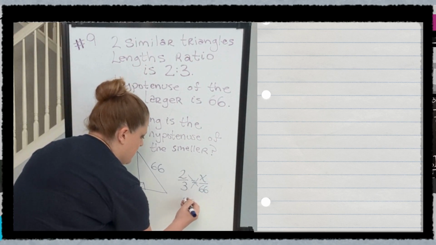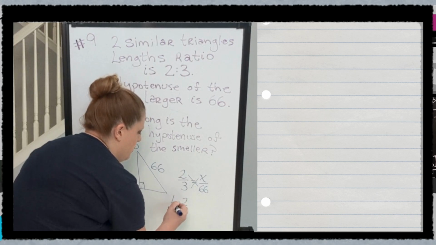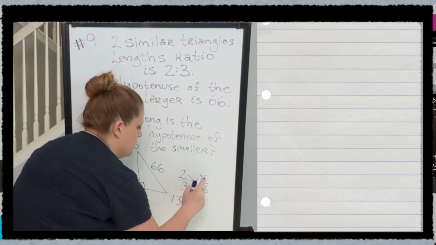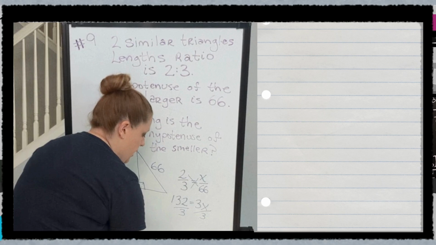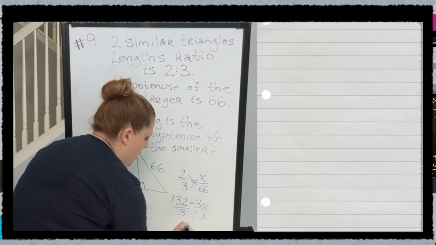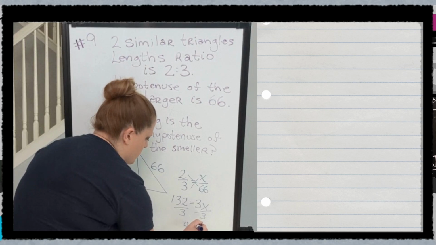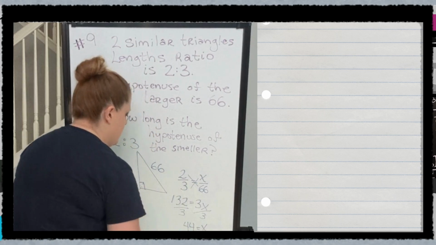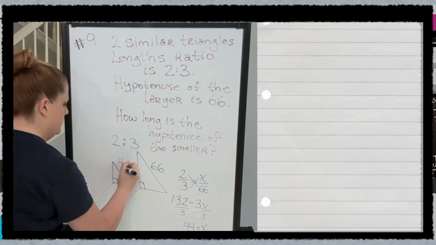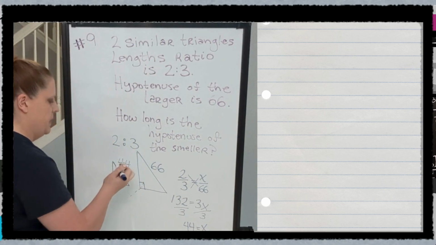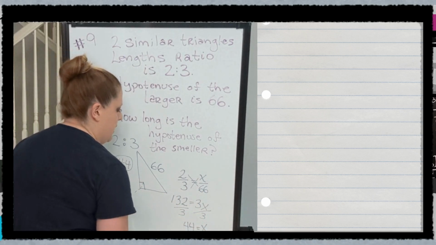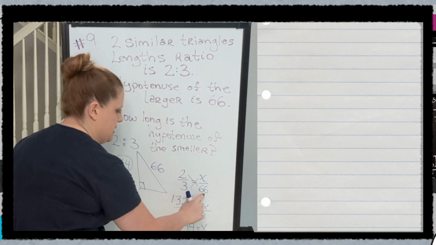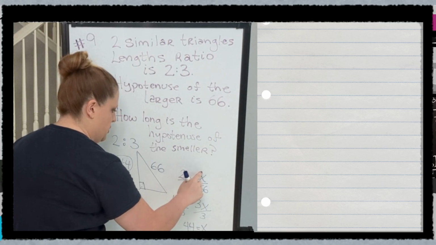I don't want to get out the calculator, so we'll have 132 equals 3 times X. Divide both sides by 3, and we get 44 is equal to X. And that shouldn't be such a big surprise to us because when I was looking at this, I said 3 times 22 is 66. 2 times 22 is 44.